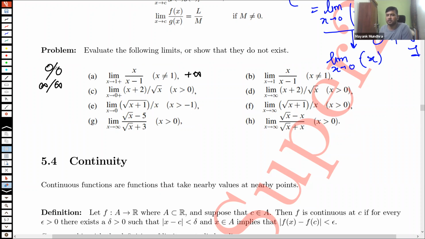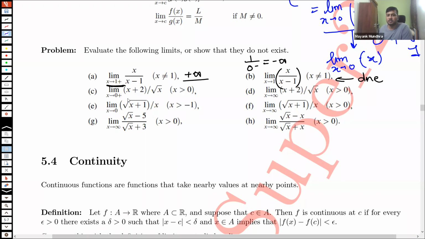It's not applicable in questions like here because you don't have a 0 by 0 or an infinity by infinity format. So to analyze this, we need the left hand limit. The left hand limit is going to be 1 by 0 minus, so that is going to be negative infinity. Negative infinity is the left hand limit, right hand limit is positive infinity. So this limit does not exist.